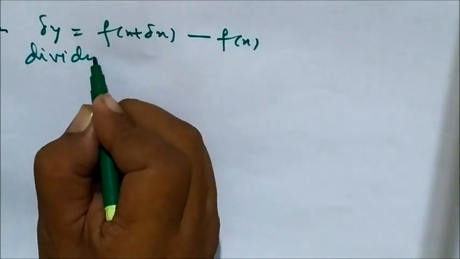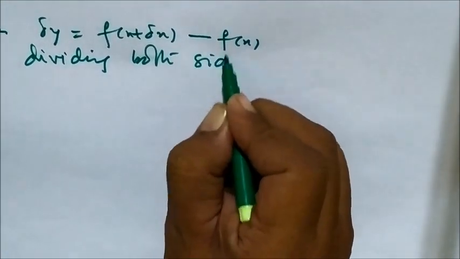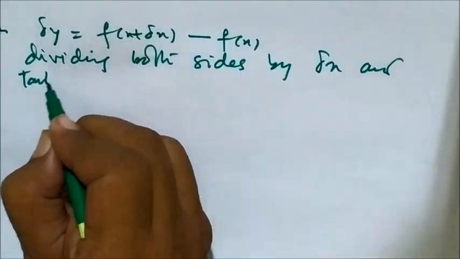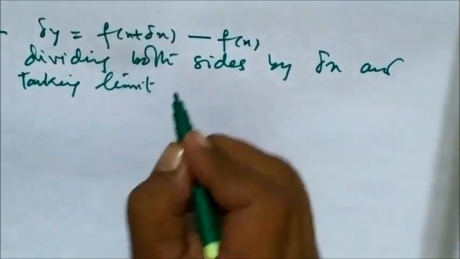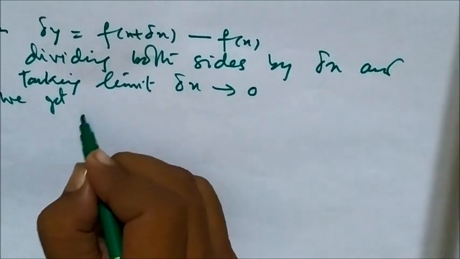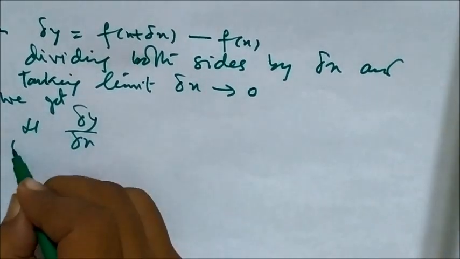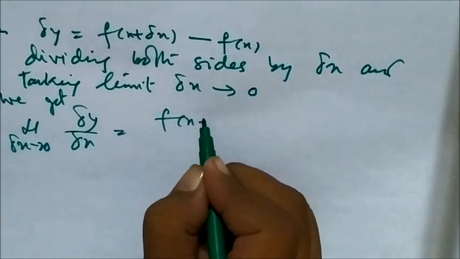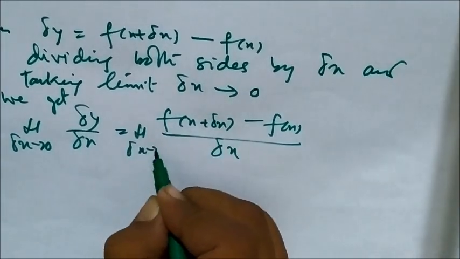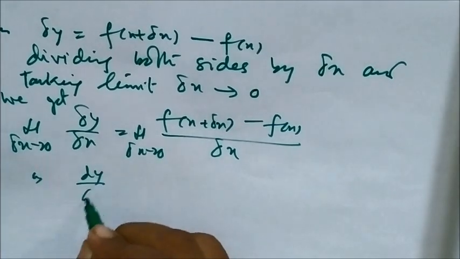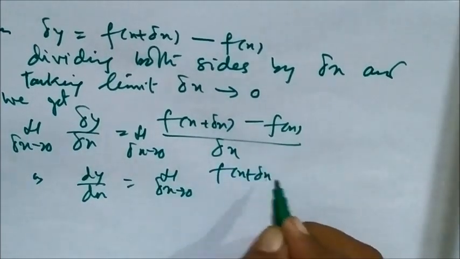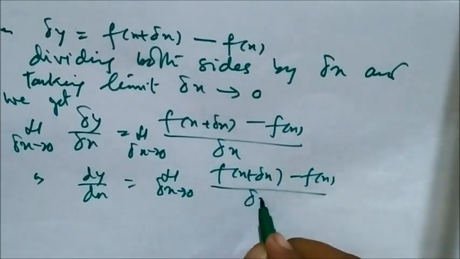Dividing both sides by delta x and taking the limit delta x tends to 0, we get limit delta x tends to 0 of delta y by delta x, equal to limit delta x tends to 0 of [f(x plus delta x) minus f(x)] by delta x, or dy by dx equal to limit delta x tends to 0 of [f(x plus delta x) minus f(x)] by delta x.